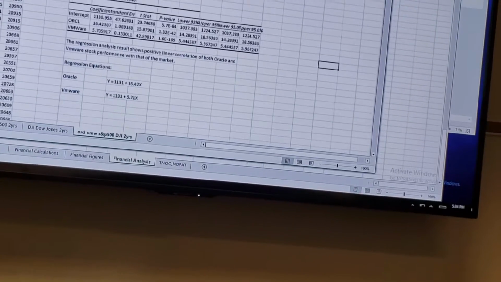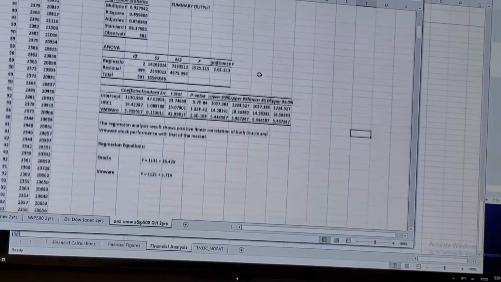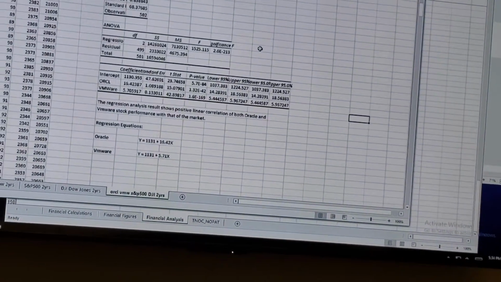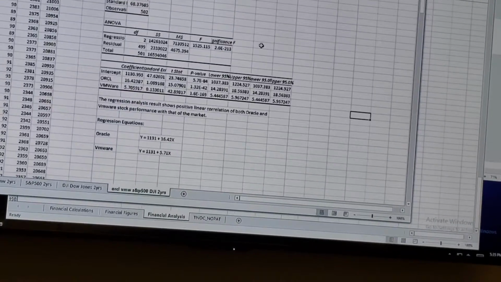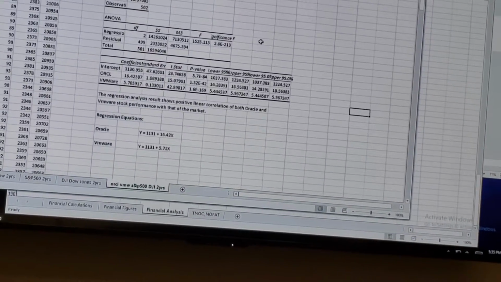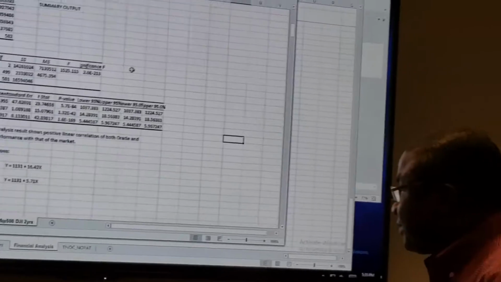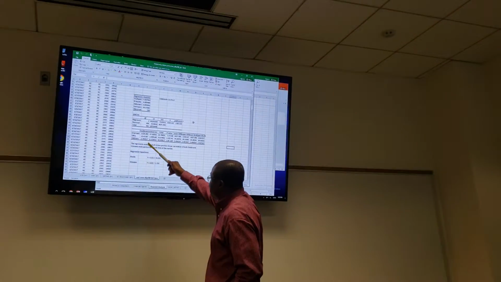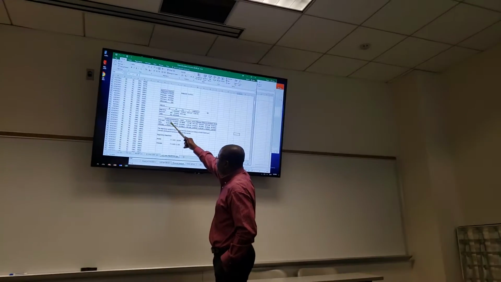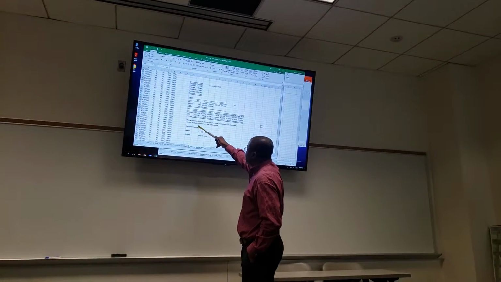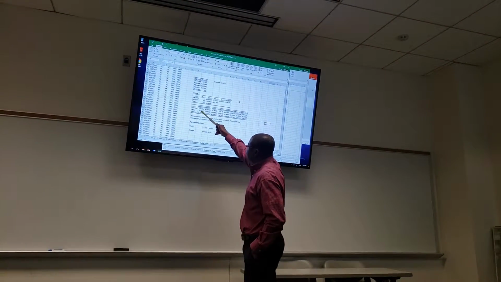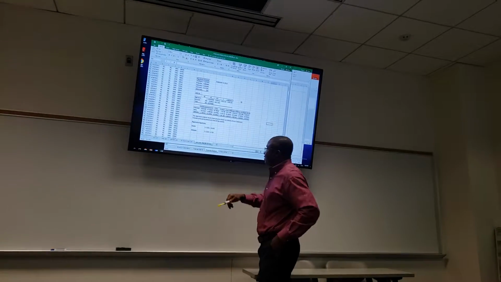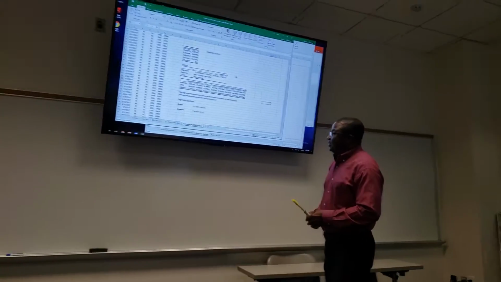And then also, we did a regression analysis for both the main company, Oracle, and the competitor. We can see here the intercept is 1130, and then these are the slopes, the slope for Oracle and the slope for VMware.